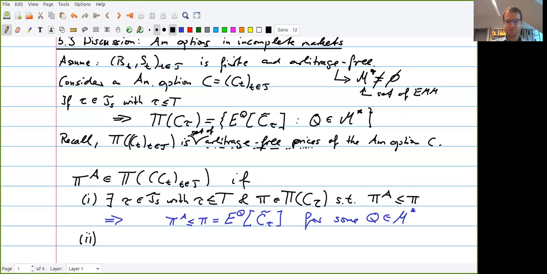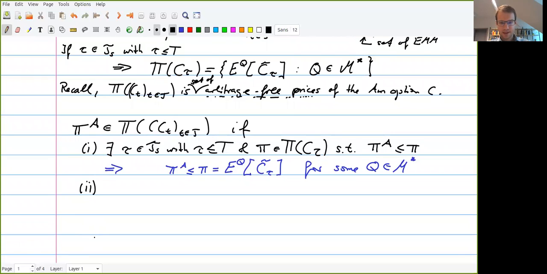Okay. And now let us recall the second definition. The second part of the definition tells me, well, there exists no stopping time tau, which has to be an exercise strategy.